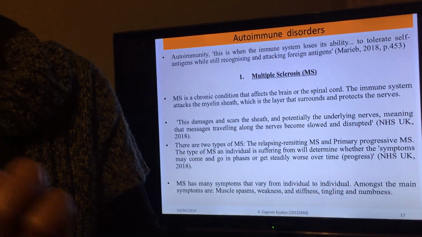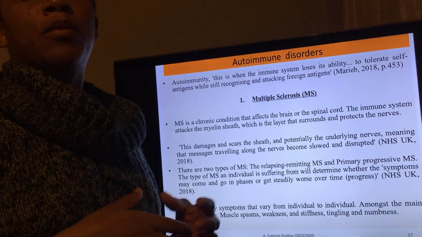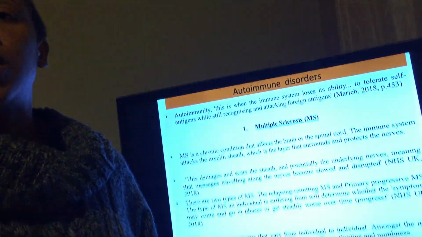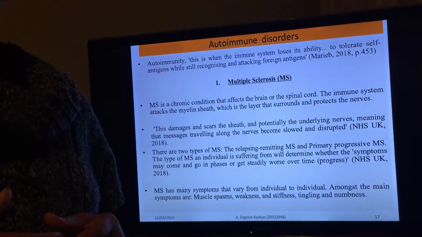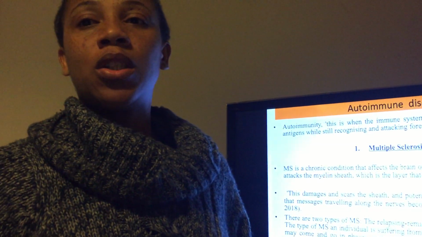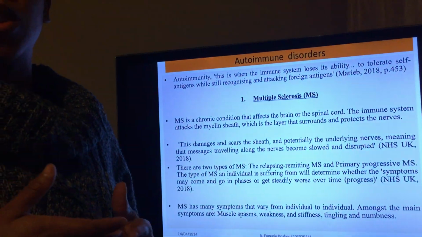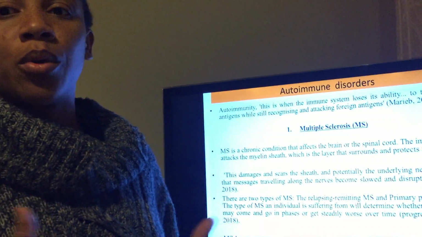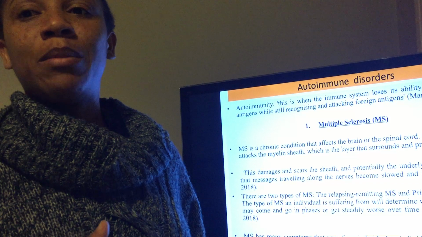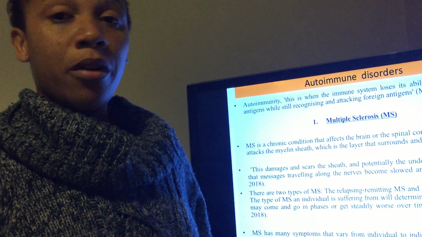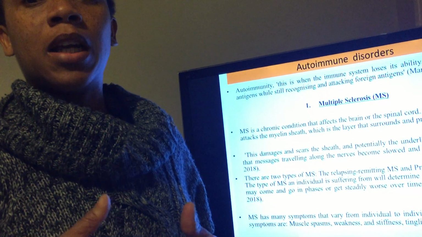Autoimmune disease. Autoimmune disease is, as we were saying before, when the immune system loses its ability to tolerate self-antigen while still recognizing and attacking foreign antigen. Multiple sclerosis, for example, is a chronic condition that affects the brain and the spinal cord, where the immune system damages and scars the layer that surrounds and protects the nerves and potentially the underlying nerves.